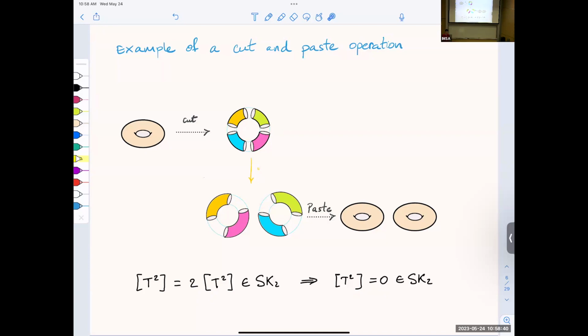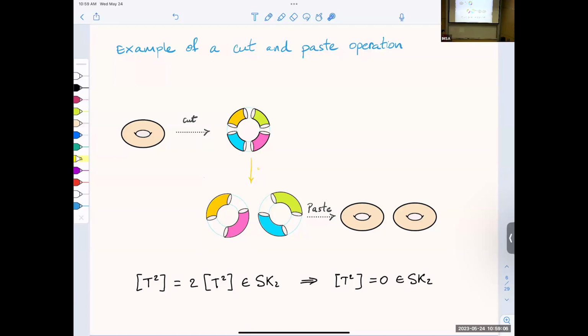This, of course, also generalizes to higher dimensions. So this could have been the picture of a higher dimensional mapping torus, where you have a manifold, you cross with I, and you glue your two ends together via any diffeomorphism that you want. You get a mapping torus. The same procedure of cutting into pieces and then getting two copies will still hold.